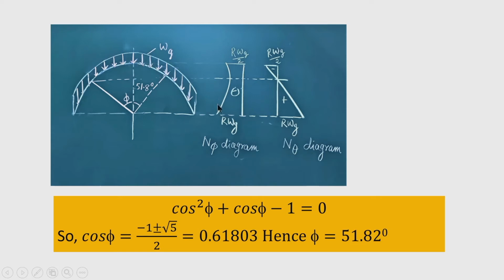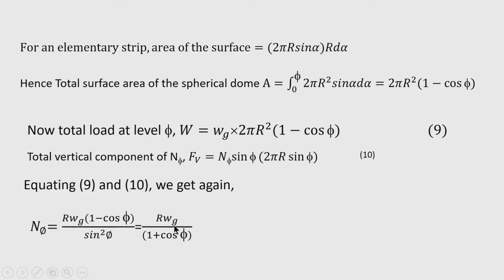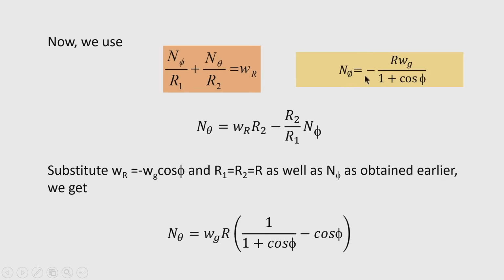So, here you can see the variation of n phi, if I draw from 0 to 90 degree, here phi is 0 and here it is phi 90 degree. In this expression, if you put phi equal to 0, n phi will be minus R W g by 2, because cos 0 is 1.